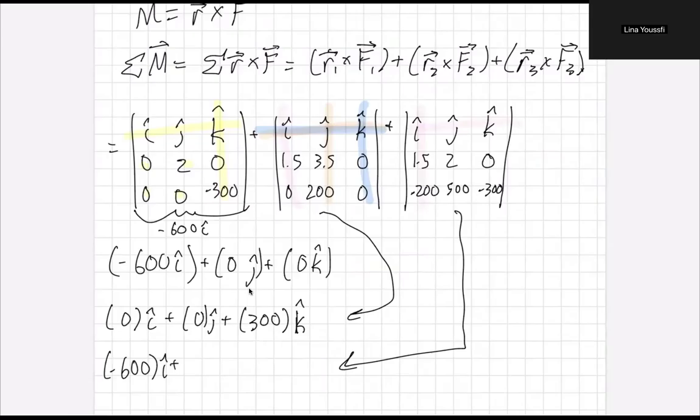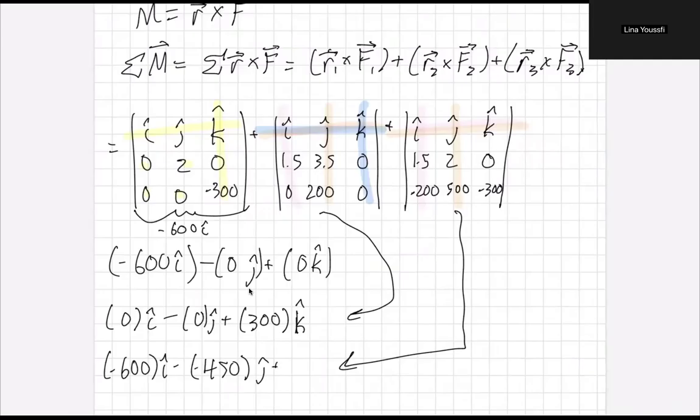For the j, I'll do 1.5 times negative 300 minus 200 times 0. And again, we have to note that for the j, we automatically have a negative on there. Forgot to write that here. But these are automatically negative. And that's just a rule of the cross product. So I'll have 1.5 times negative 300, that's negative 450. So yeah, 450 and that's negative.